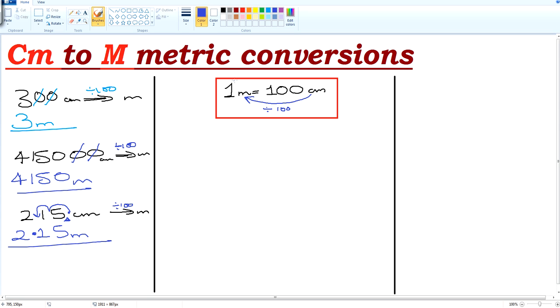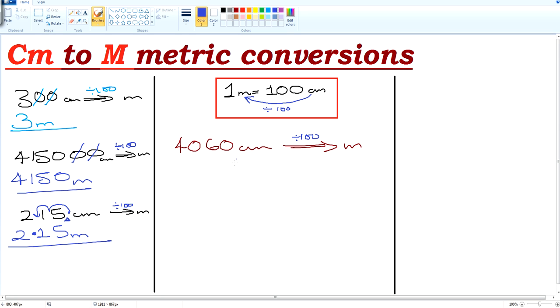Are we happy with that? Okay, and the next question we have. How would we do this question? Do we remove the zeros? No, because we don't have enough.